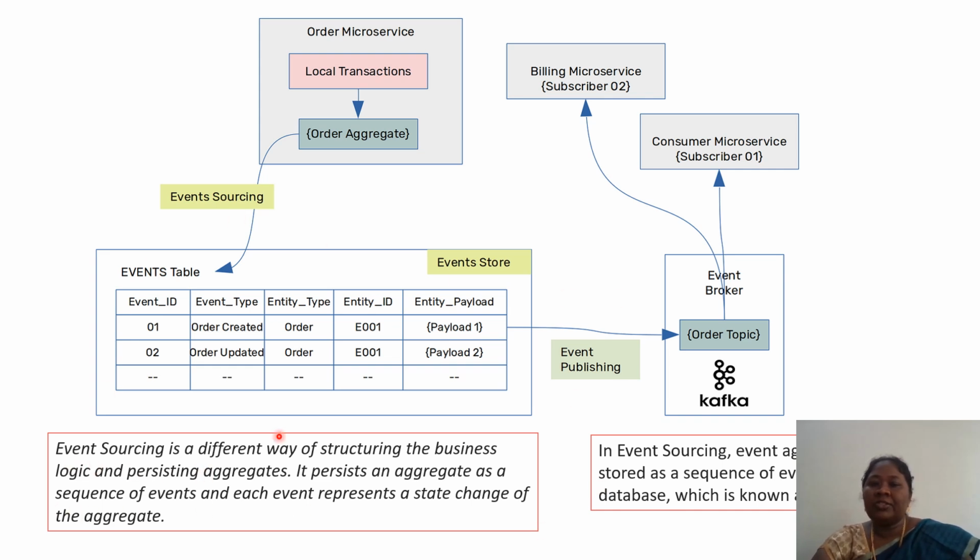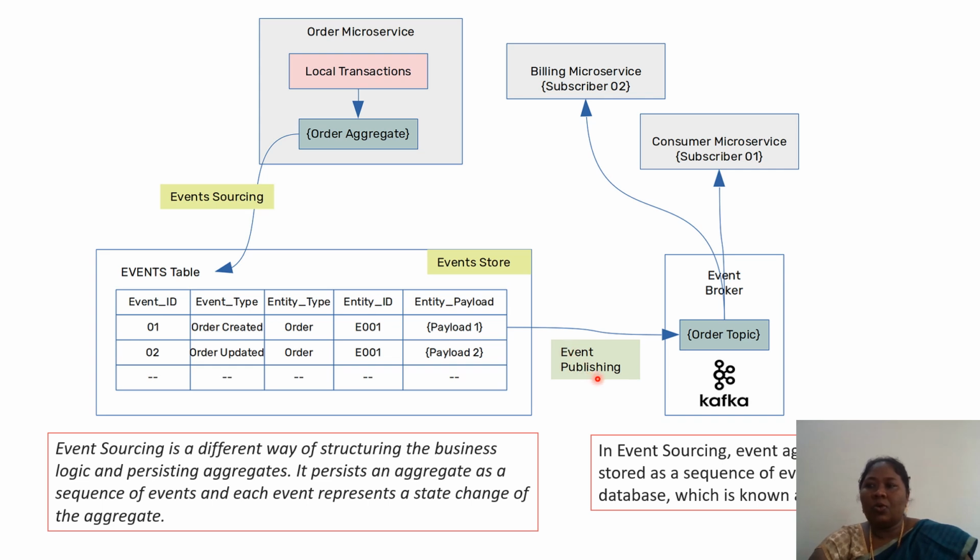So an event table will be generated based on the event. It's an aggregated event, and then it will be published back to the user. So event sourcing is a different way of structuring the business logic and persisting aggregates. It's a sequence of events, and what event means is a change of state of a particular final aggregate. Sometimes in between we want to do modification, meaning the same event table will be updated with some other modification, then it starts publishing, but we don't know.